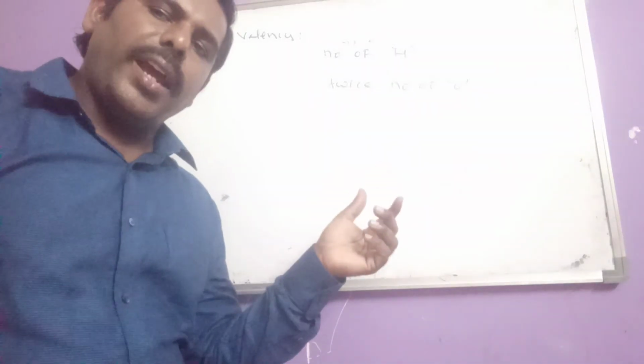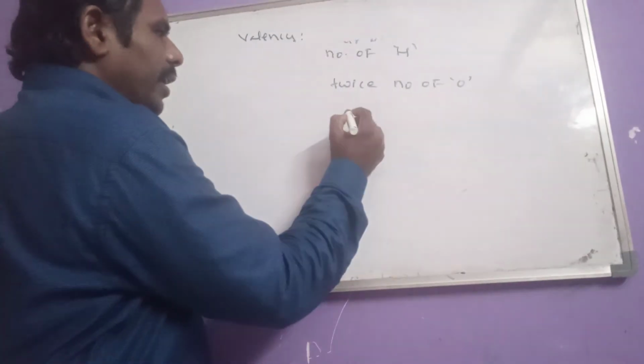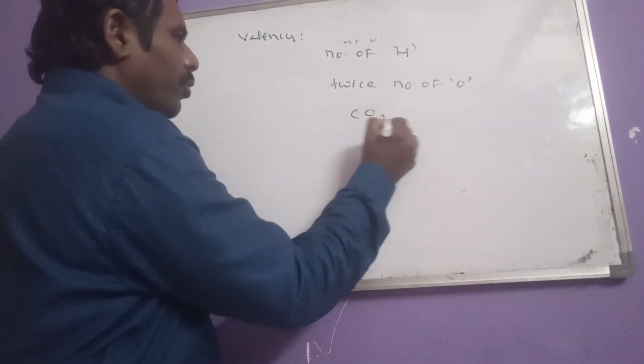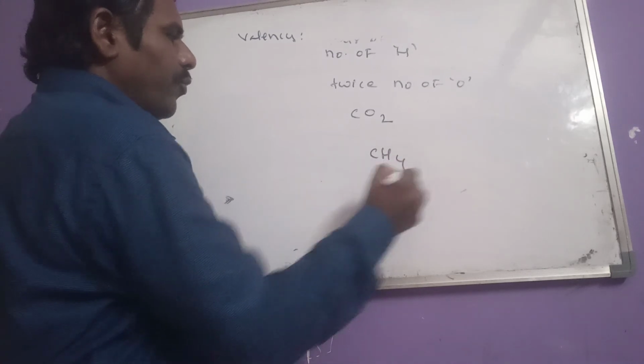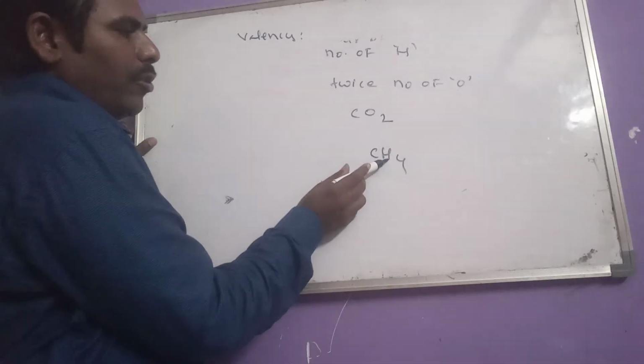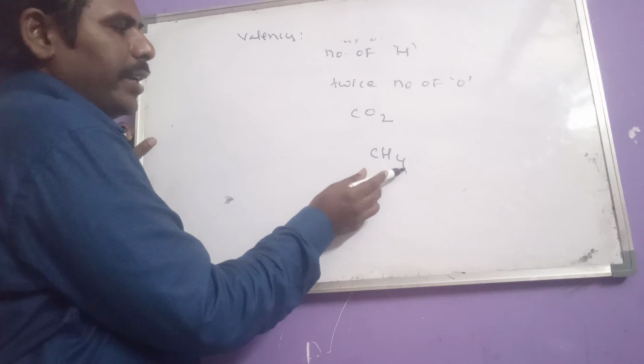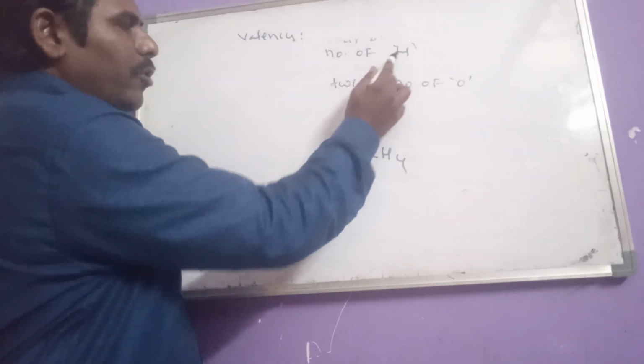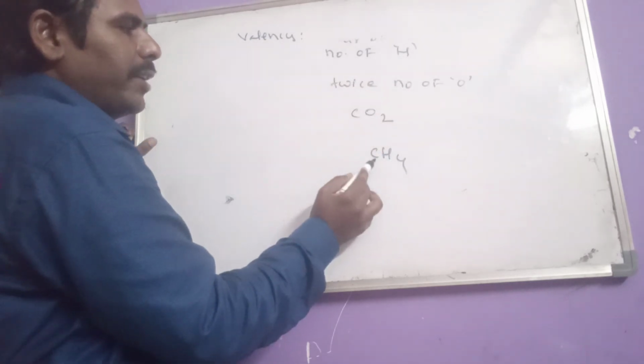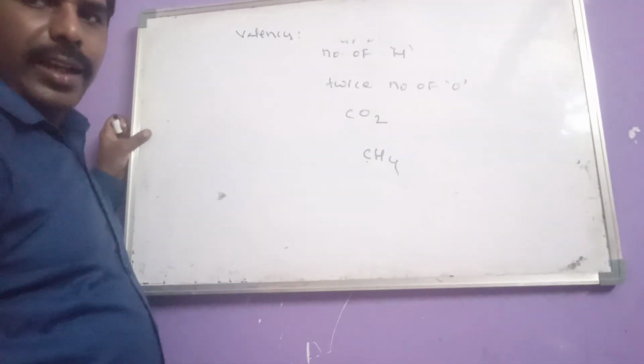That is known as valency. So for example, if you consider CO2 or CH4, the number of hydrogens here is 4. So the number of hydrogens with which an element is bonded, that is known as valency.